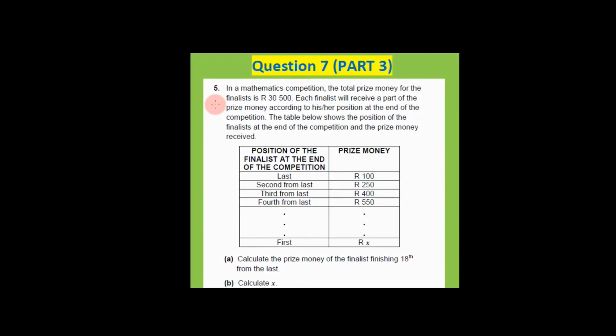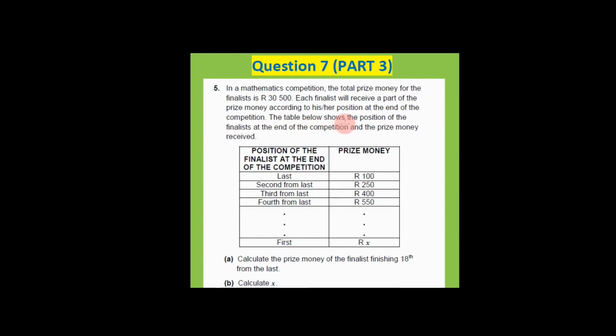Let's look at your answer to this question. It says, in a mathematics competition, the total prize money for the finalist is 30,500 Rand. Each finalist will receive a part of the prize money according to his or her position at the end of the competition.